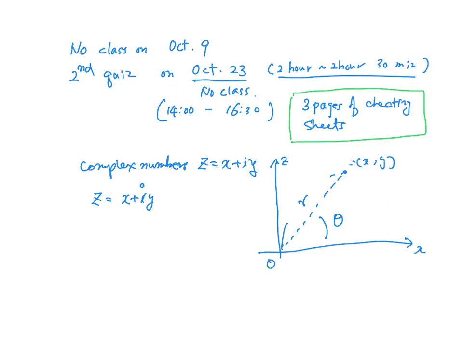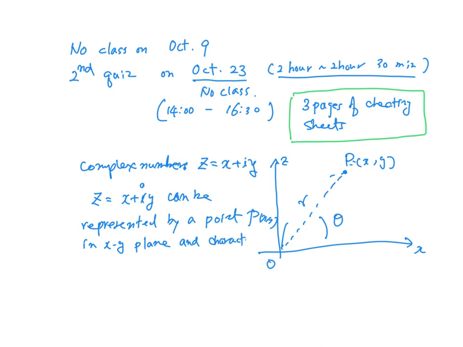So I will say P can be represented by a point P, (x, y), in the xy plane, and characterized by two parameters, x and y, or two parameters, r and theta. r is given by the square root of x squared plus y squared.